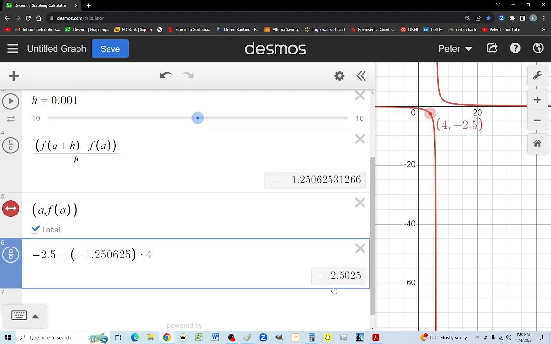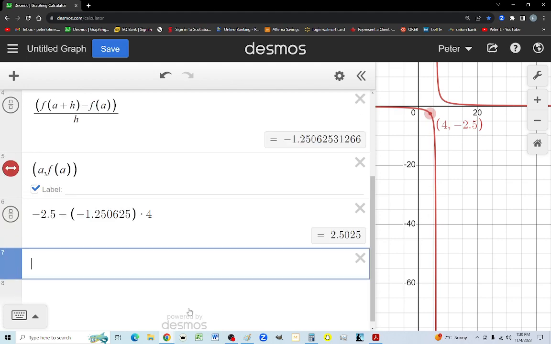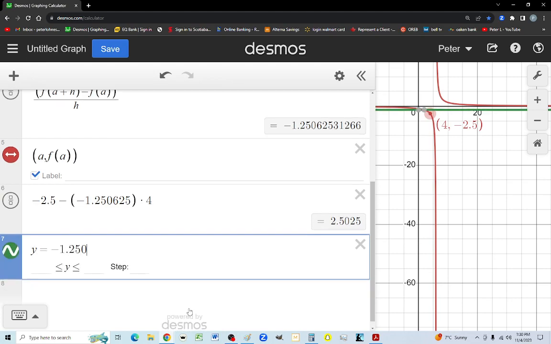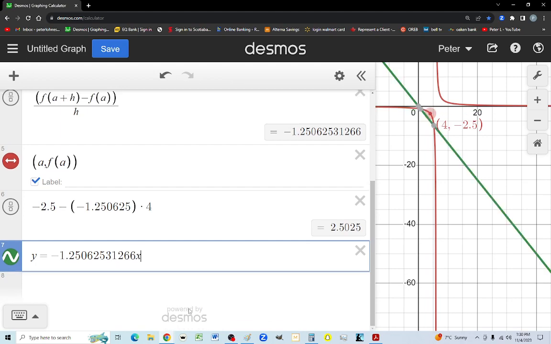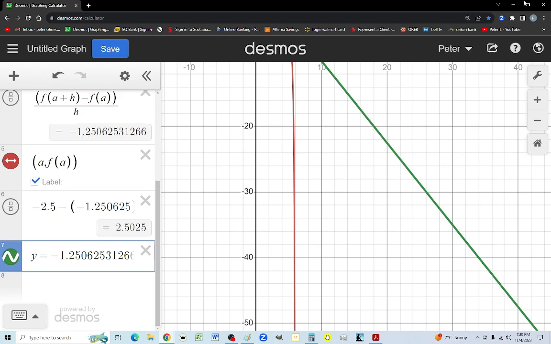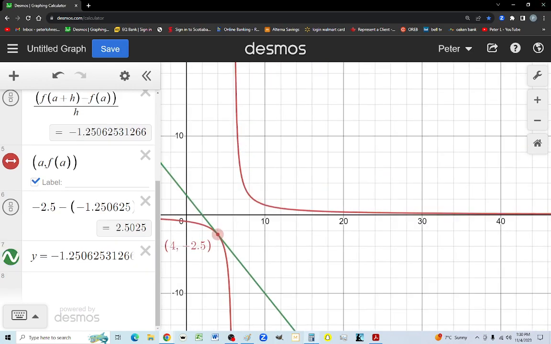And there we now have our b. Putting it all together, this is our slope from our instantaneous rate of change times x plus our b. And look at that. It drew a lovely tangent line through that point.